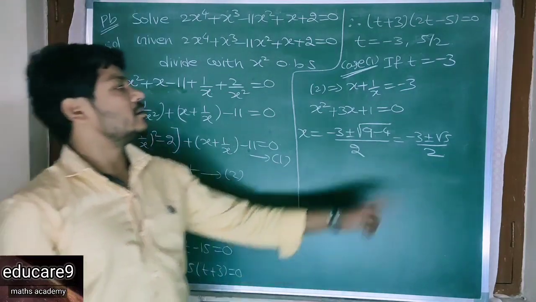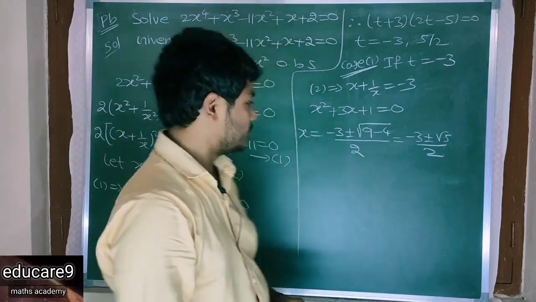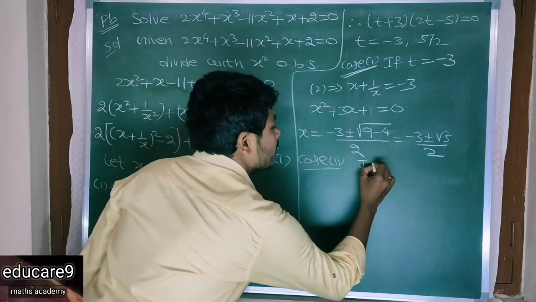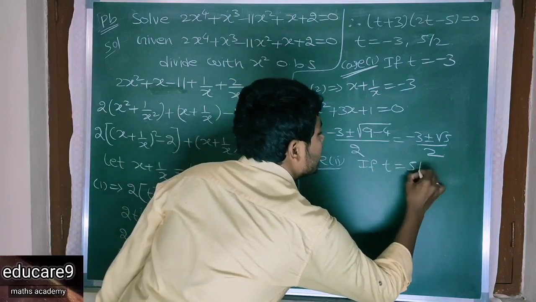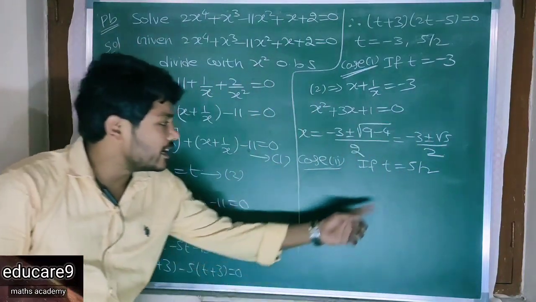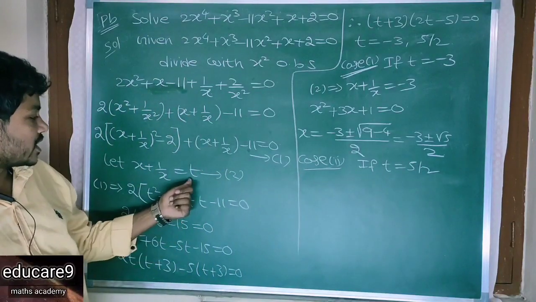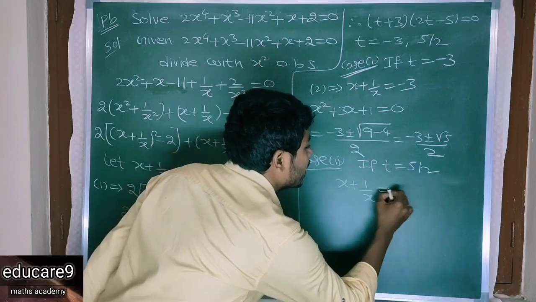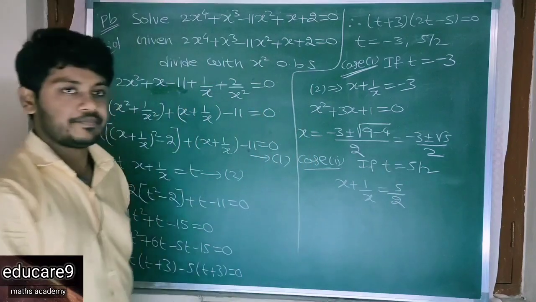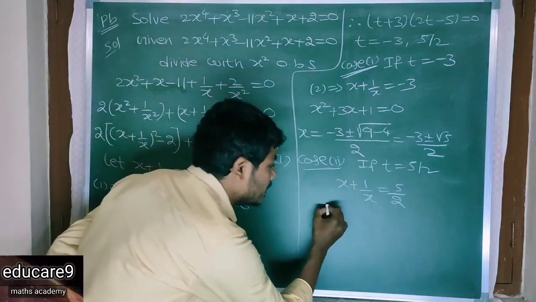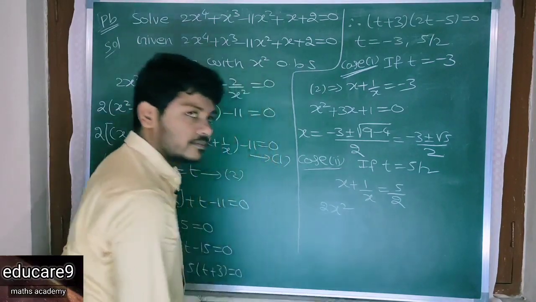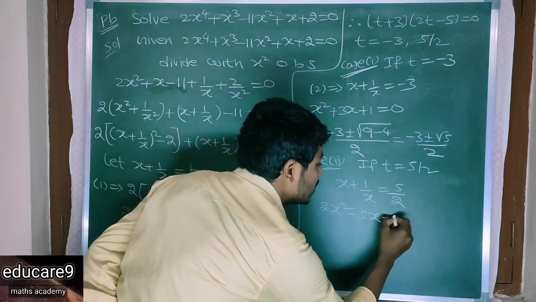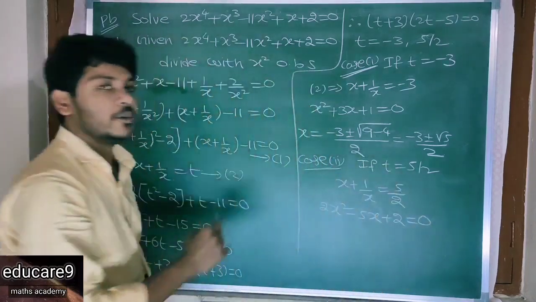And second case, if t is equals to 5 by 2, again substitute this t in equation 2. So that is x plus 1 by x is equal to 5 by 2. So from this you can write 2x square minus 5x plus 2 is equal to 0.